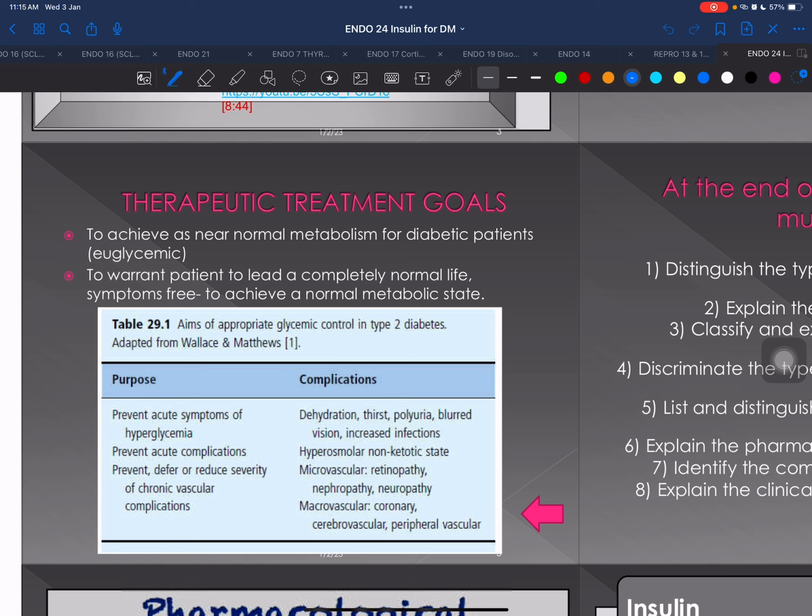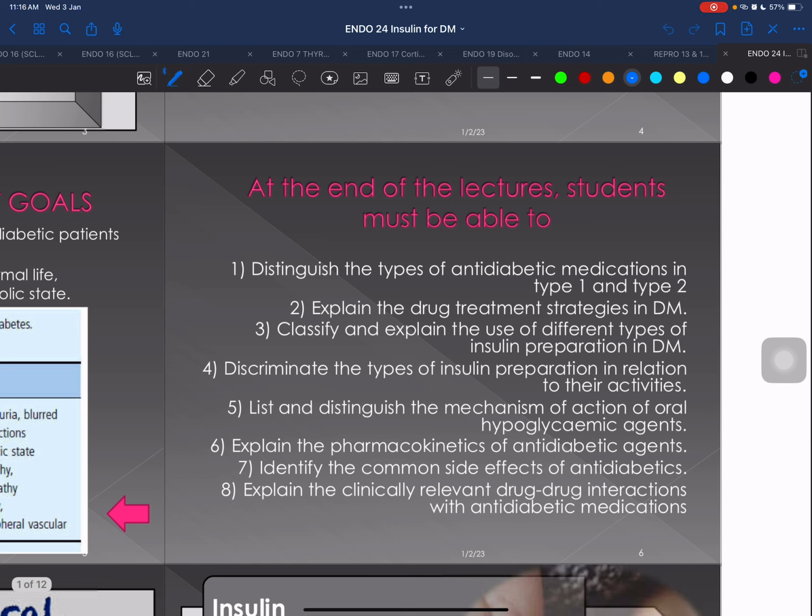Okay, so this is the treatment goal, and for this 2 hours lecture, this is the lecture outcome: to distinguish the types of antidiabetics medication, type 1 and type 2, to explain the drug treatment strategies in diabetes mellitus, classify and explain the use of different types of insulin preparation, discriminate the types of insulin preparation in relation to their activities, list and distinguish the mechanism of action of oral hypoglycemic agent, explain pharmacokinetics of oral hypoglycemic agent and insulin preparation.